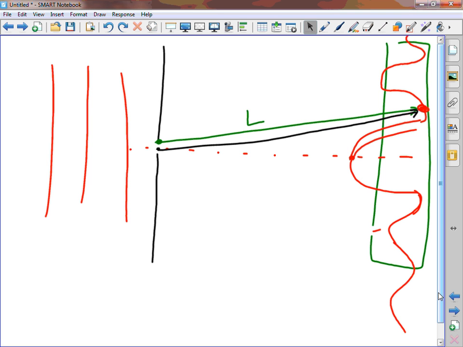Yes. Now, destructive interference means they're pi out of phase, which means you have a path difference of 1/2 lambda, meaning this length right here has to be L plus 1/2 lambda. Does that make sense? Yes, okay. Now, this is where drawing gets a little tricky here.